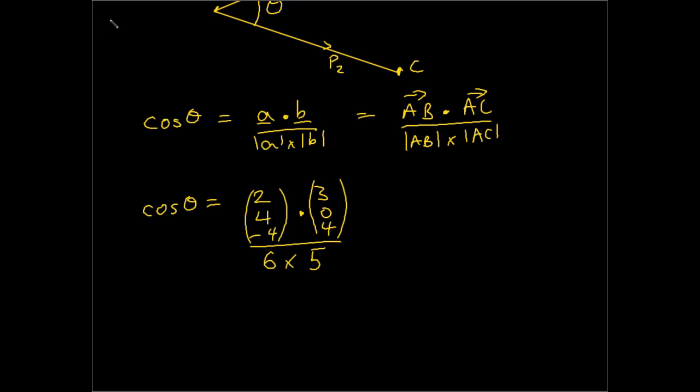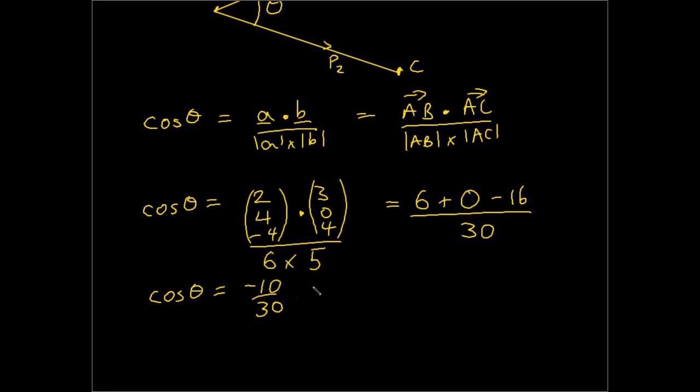So we can then work out this dot product. When we work out the dot product of vectors, we multiply the top two numbers together and then add the second two numbers and then add the third numbers. So 2 times 3 is 6, plus 4 times 0 is 0, plus minus 4 times 4 is minus 16. And we're going to divide that by 30. So that would mean that cos of theta is going to equal minus 10 over 30, which is minus 1/3.